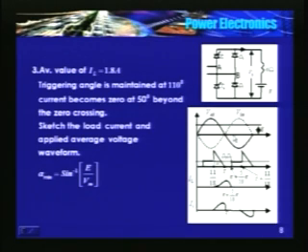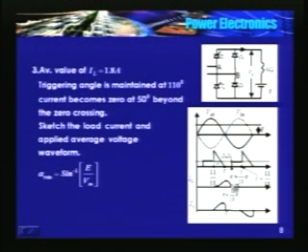So at steady state, or maybe at the end of the first cycle, current becomes 0 at 230 degrees, or pi plus 5 by 18 pi. This is the load current. A similar waveform will be there. It starts at 110 degrees, increases and becomes 0 at 230 degrees.